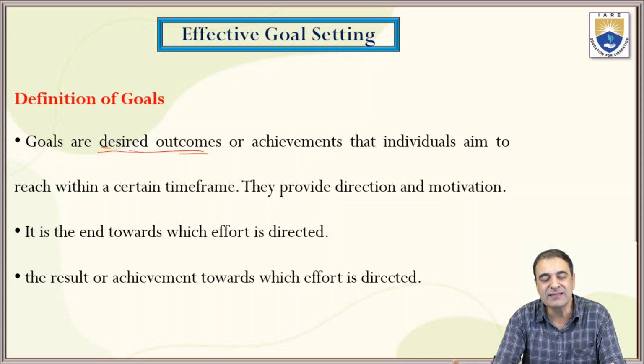To make it more explicit, a goal is the end towards which effort is directed. That means this goal is the end product. And to achieve that end, we do different things, or we adopt different procedures and methods.